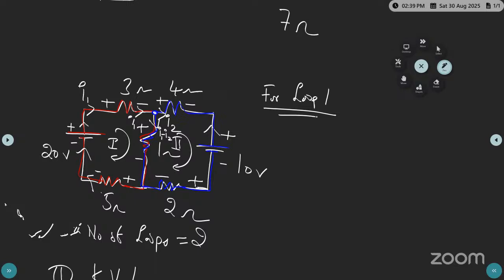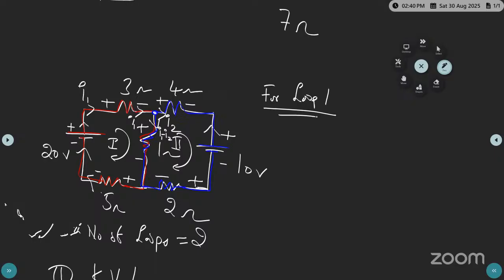Then we assign plus and minus symbols for individual loops by traveling in a clockwise direction. Next, we assign current in loop 1, current in loop 2, and current in the common element. Then we are ready for writing the equations.